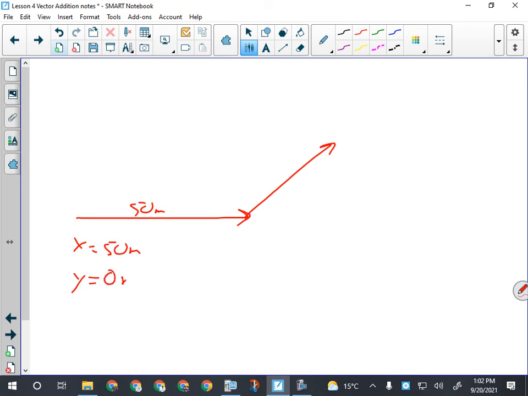So you don't have to do any trig, that makes it fast. On the other one, you would have to calculate what x and y are. That way I know you know how to do it, and then you put it together.